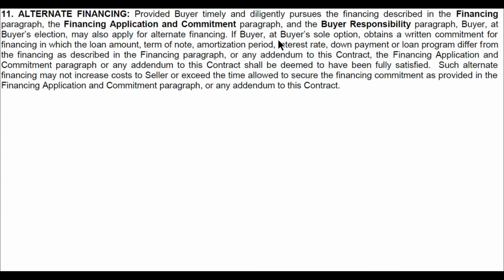However, they might still want to continue shopping around and comparing with different lenders, which is okay, because then Kyle is able to match or beat what it is that they found. So number 11 gives the buyer the ability to continue that process if they want to.